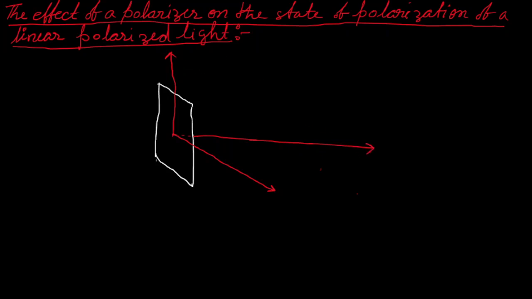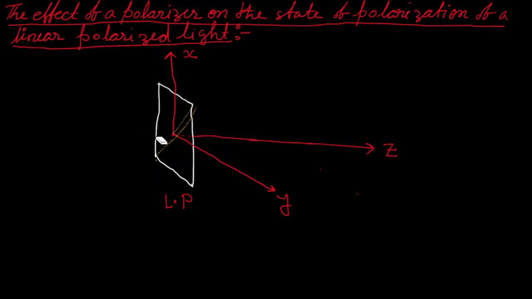And we have to define the pass axis. So in this case, let's say the pass axis or optical axis of this polarizer makes an angle theta with the positive x-axis.